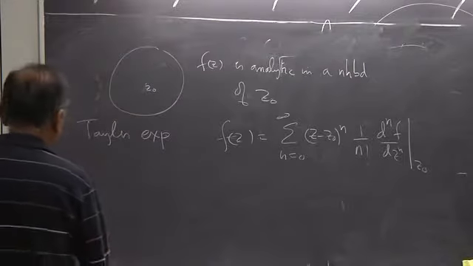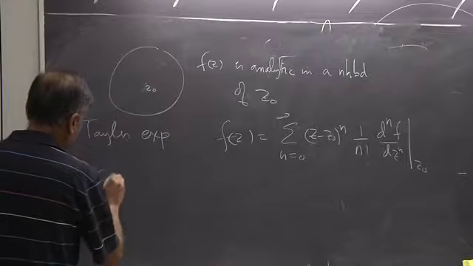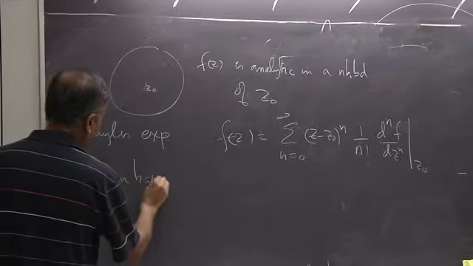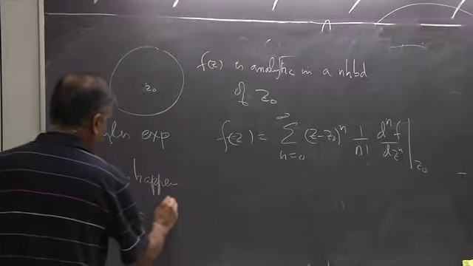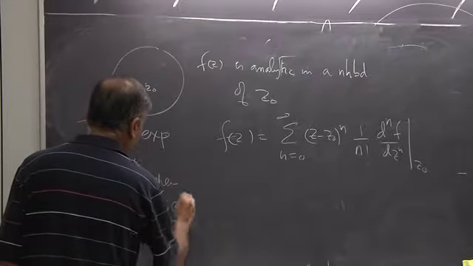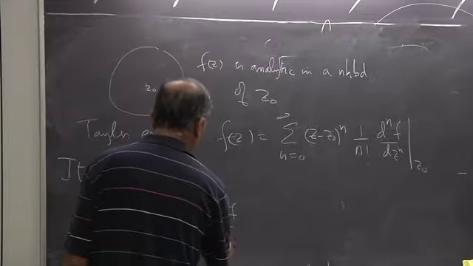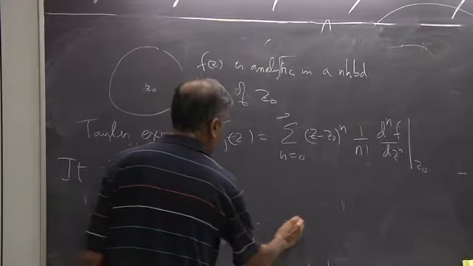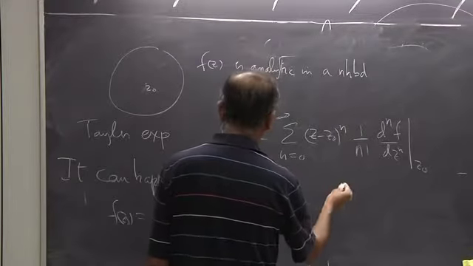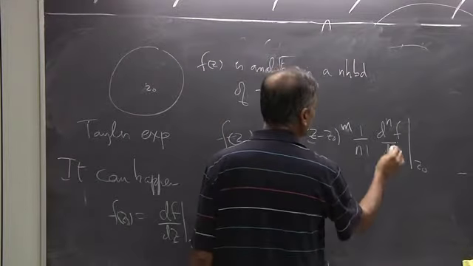For special types of functions, it can happen that f of z0 is 0, but also df/dz at z0 is 0, and d2f/dz2 at z0, all the way up to, let me not use n here, let me use m here.